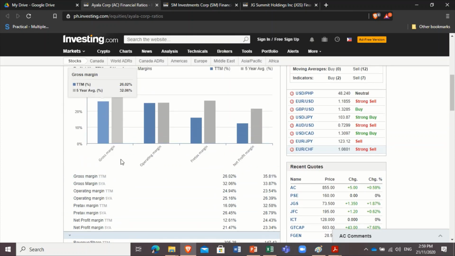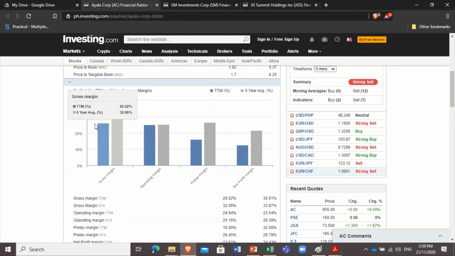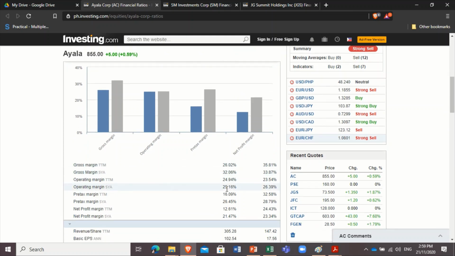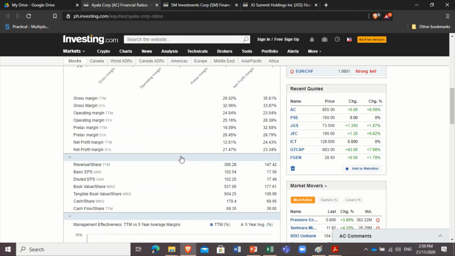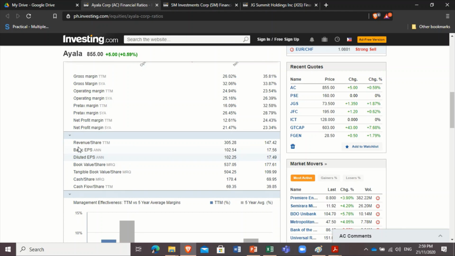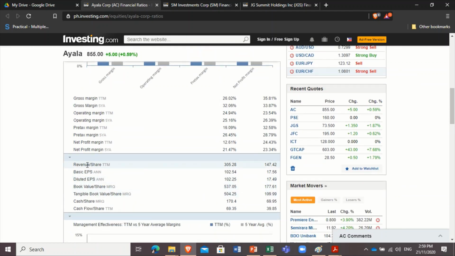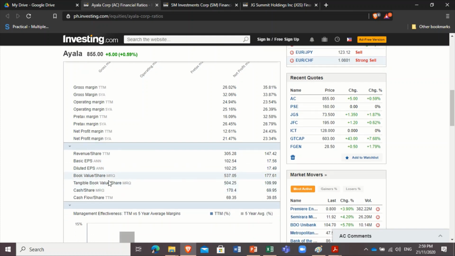May idea ka na without even looking at it. Around 26% nga naman. So 26%. Kukompare natin yan mamaya dun sa dalawa. Let's see kung sino yung mas profitable sa kanila. What else? We have the profitability ratios pa rin to, no? Revenue per share. As you can see, nandito yung basic EPS, diluted EPS, book value per share.